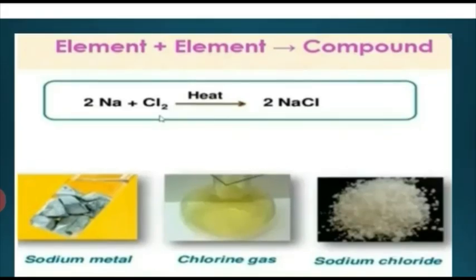See, the first type of combination reaction is element plus element, which gives a compound. In this combination reaction, two elements react with one another to form a new compound, whether it is a metal and a non-metal or two non-metals.